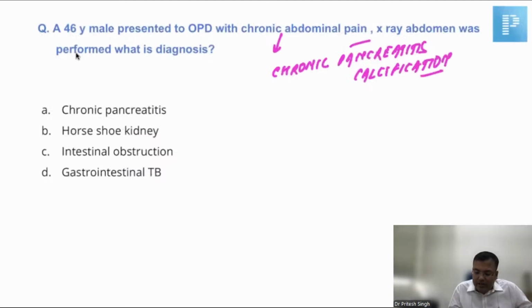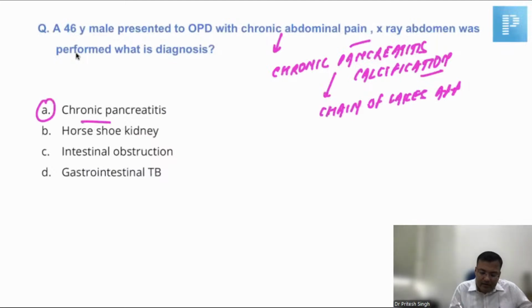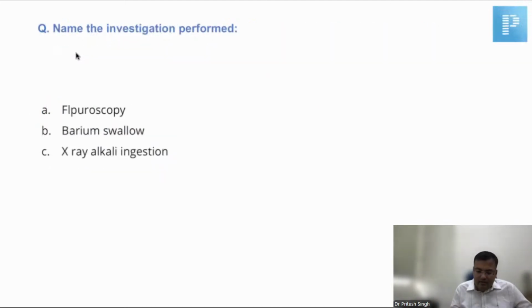Okay. Chain of flakes appearance was there, right? So obviously it is chronic pancreatitis. Clear? Calcification around pancreas. So obviously it is chronic pancreatitis. Right. Next. Name the investigation performed. What was that investigation?